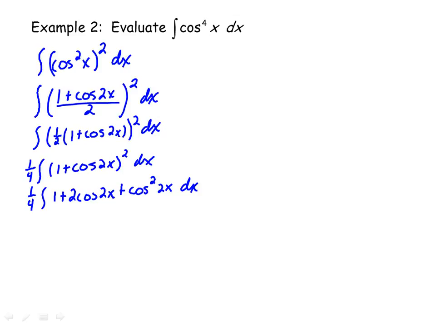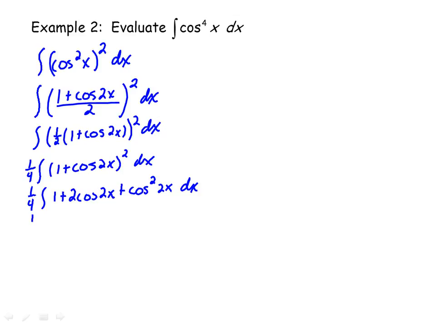When you have a cosine squared or a sine squared, you have to use those half-angle identities, unless you have something else in there that you can use substitution to check off, and we don't. That would be going back to the first examples that we did. Okay, so let's fix this.